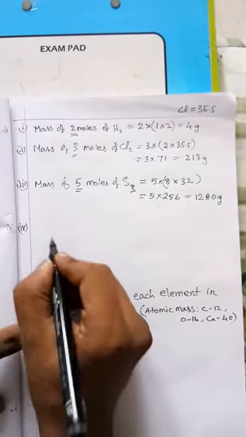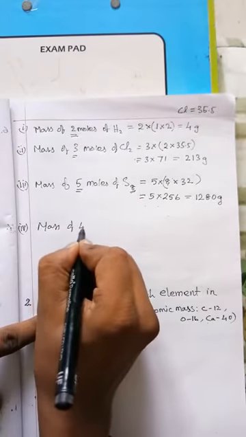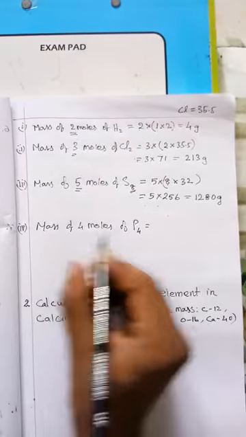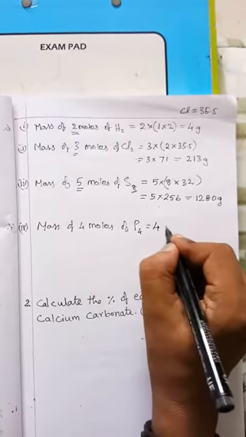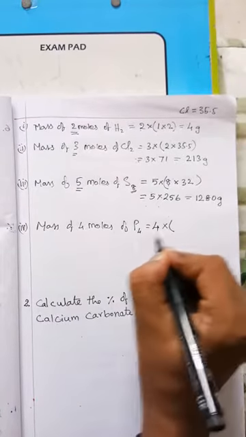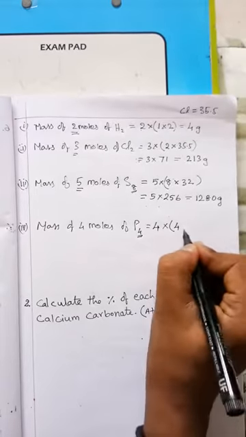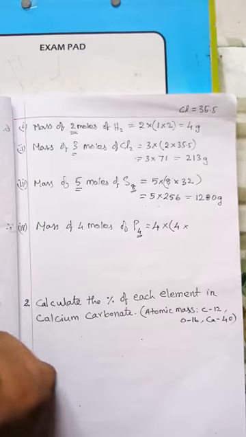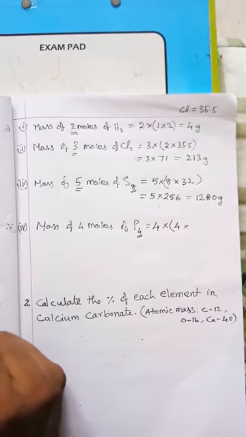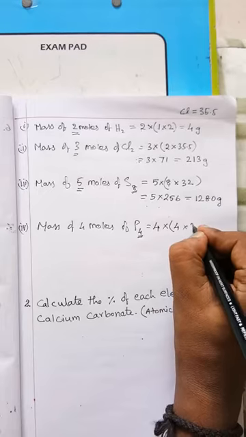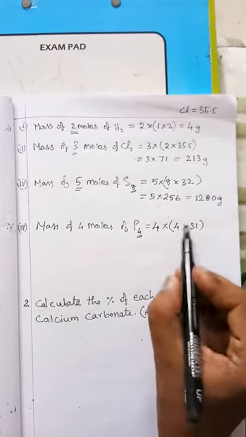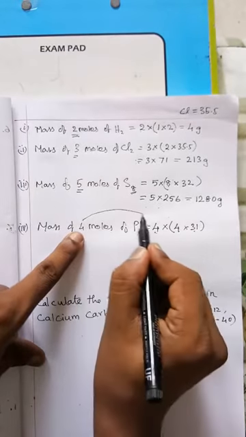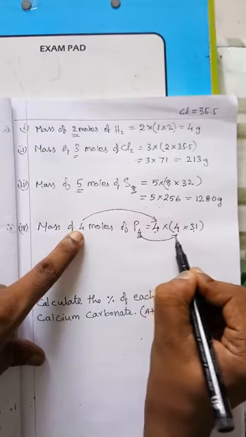Fourth question. Mass of 4 moles of phosphorus. Here how many moles? 4 moles, into how many phosphorus atoms? 4 phosphorus, into the mass of each phosphorus.